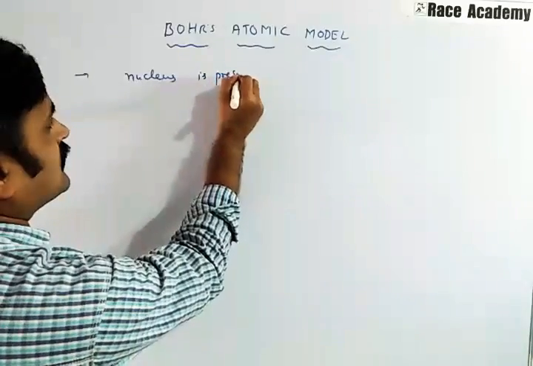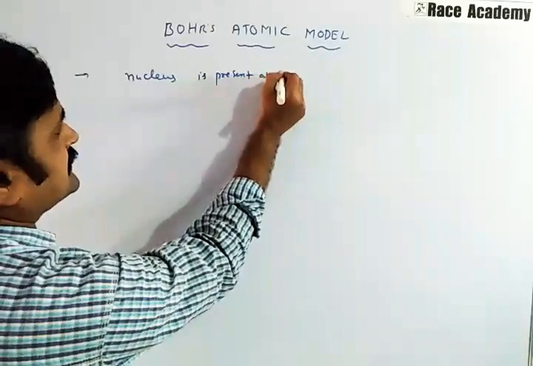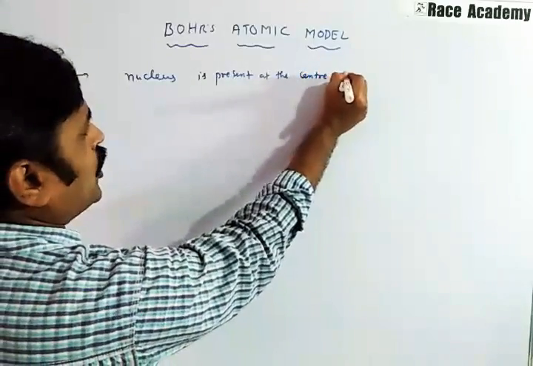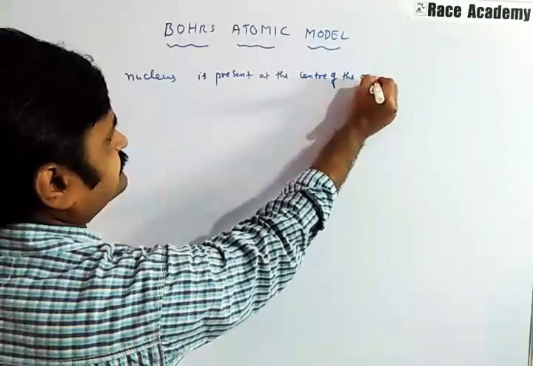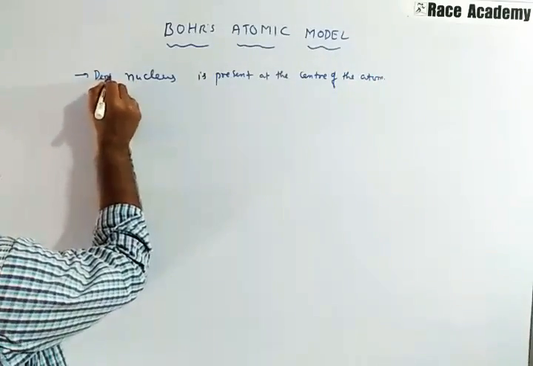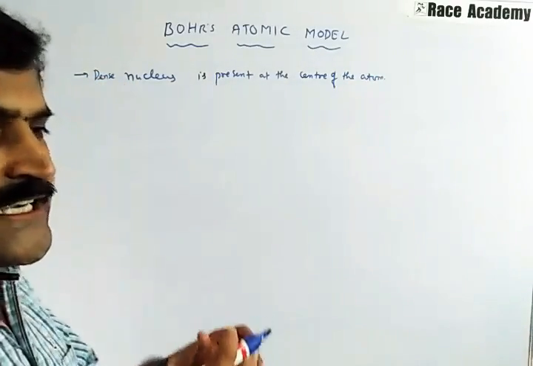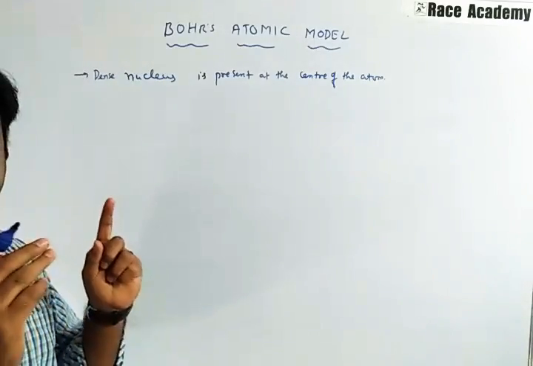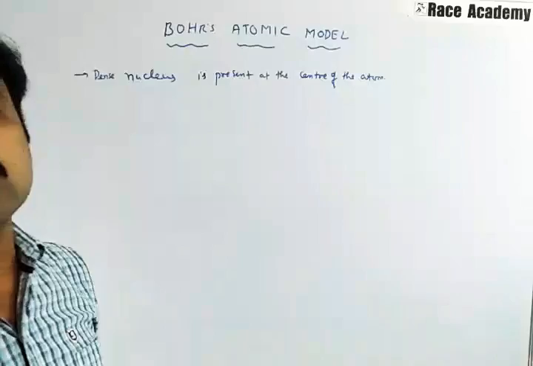So actually it is a dense nucleus which contains protons and neutrons. The next thing is that negatively charged electrons are revolving around the nucleus.